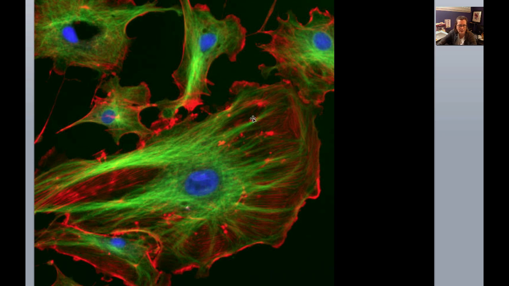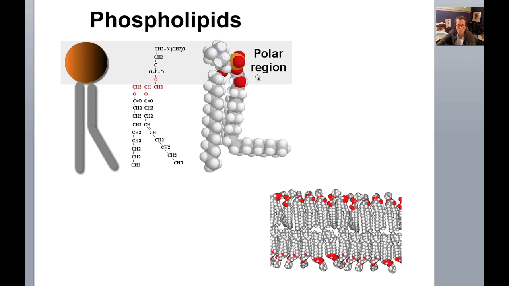Go to the next slide. I want to talk again a little bit about the phospholipids. This area right here that is water loving, or will be around water, is a polar region of the molecule. And this area right here that does not like water is the hydrophobic region of the molecule, but it's also a non-polar region.